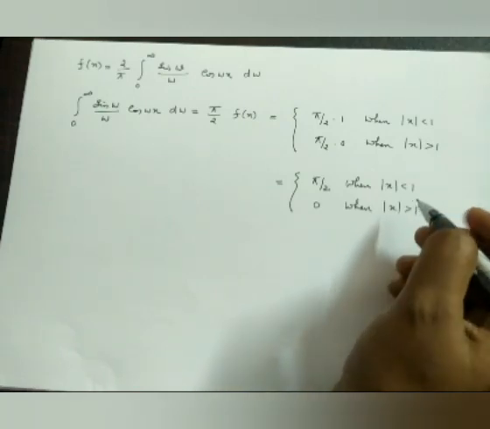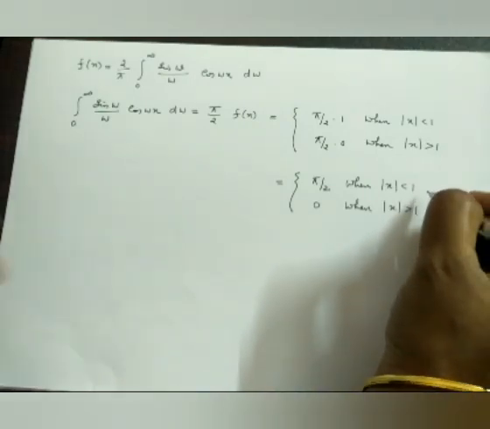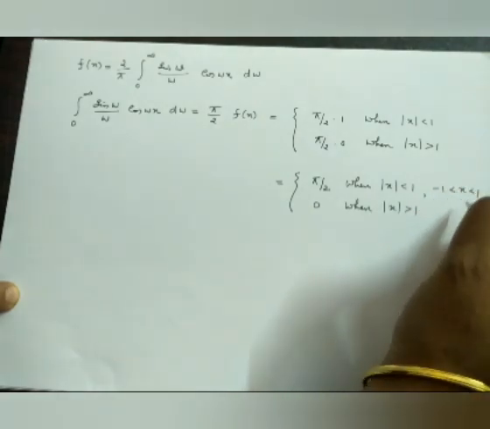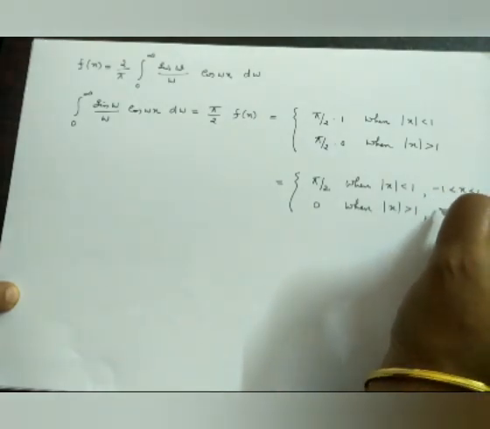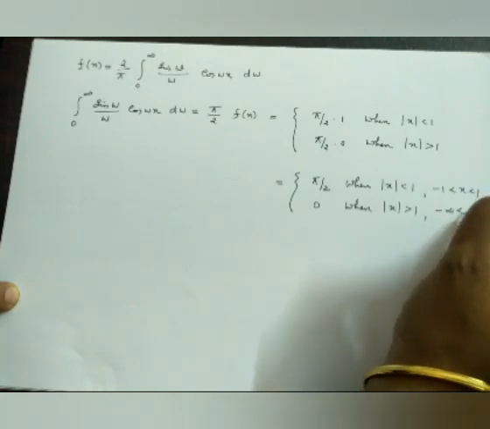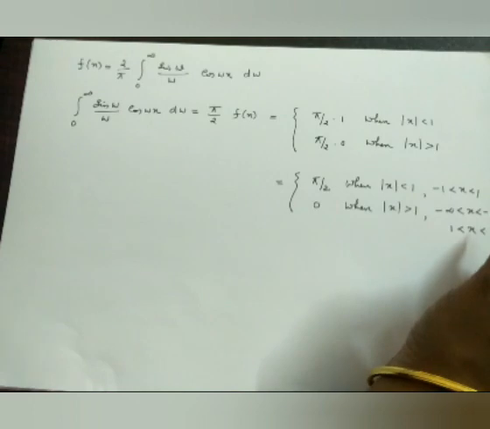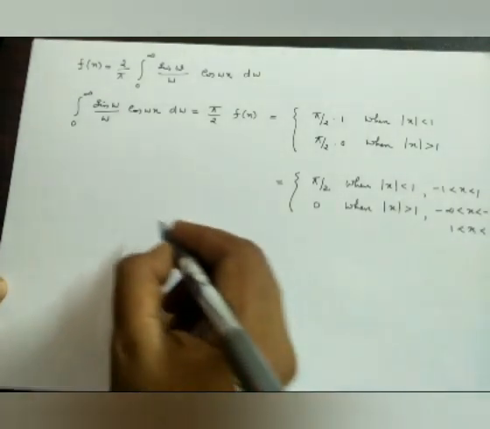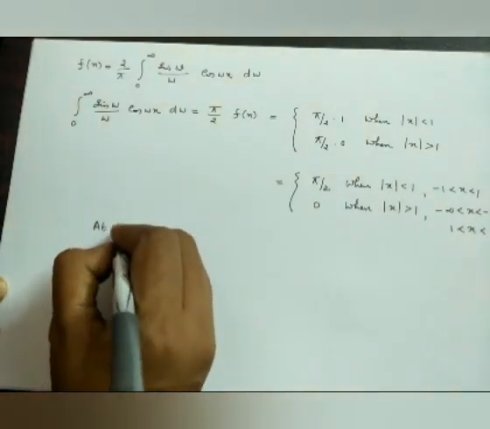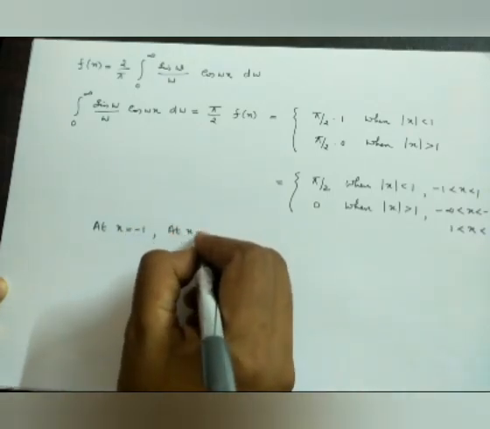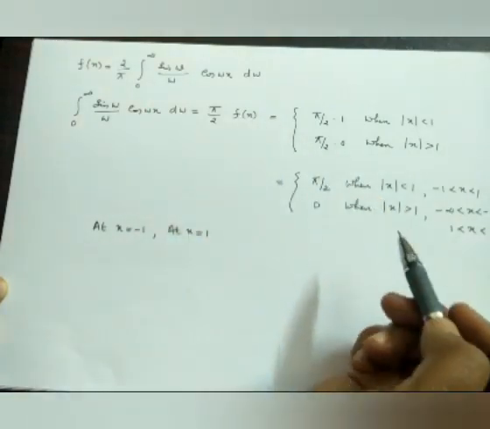Here we know that mod x less than 1 means minus 1 less than x less than 1, and mod x greater than 1 means minus infinity less than x less than minus 1 and 1 less than x less than infinity. At x equal to minus 1 and at x equal to 1, the function has no values.